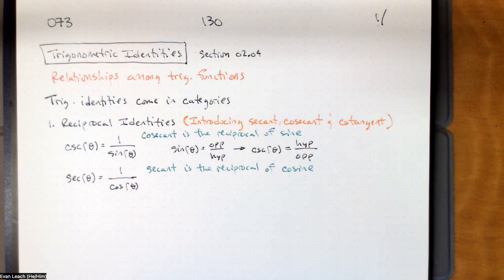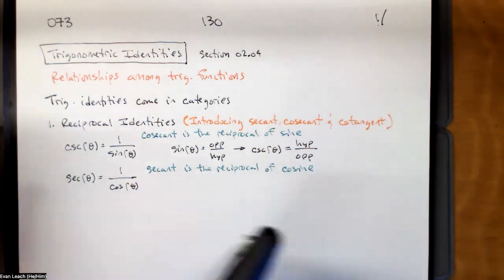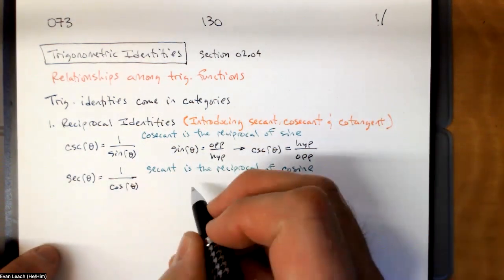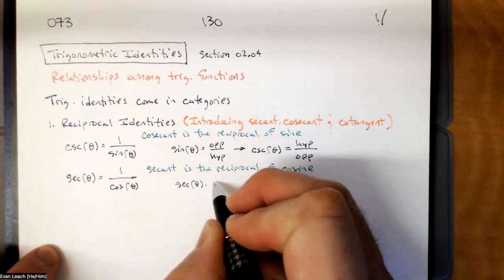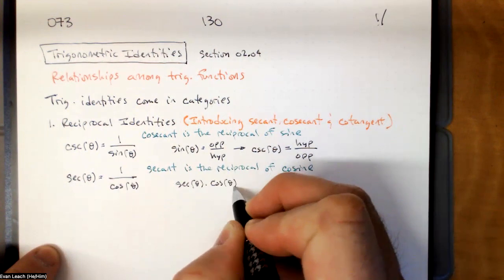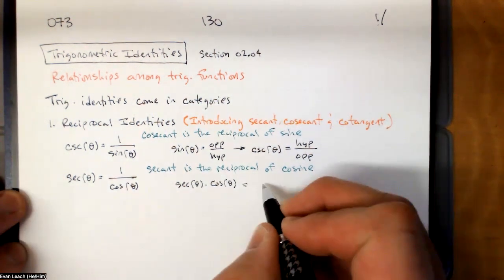Reciprocals mean if we multiply those things, we'll end up with 1. So if I take secant and multiply by cosine, I can replace secant of theta with 1 divided by cosine of theta, and then the cosine of thetas will cancel out.